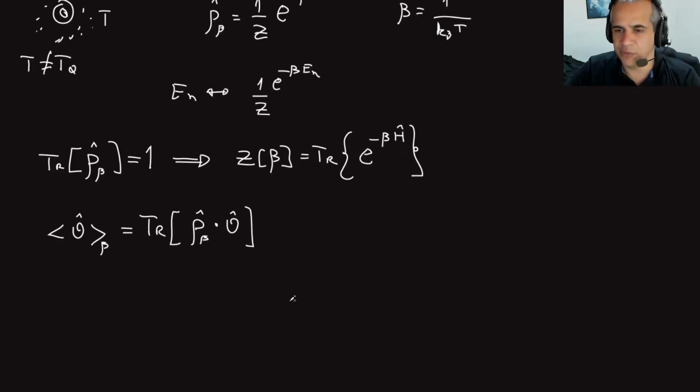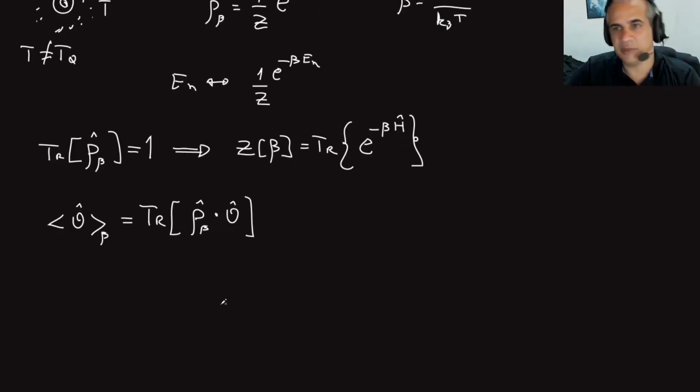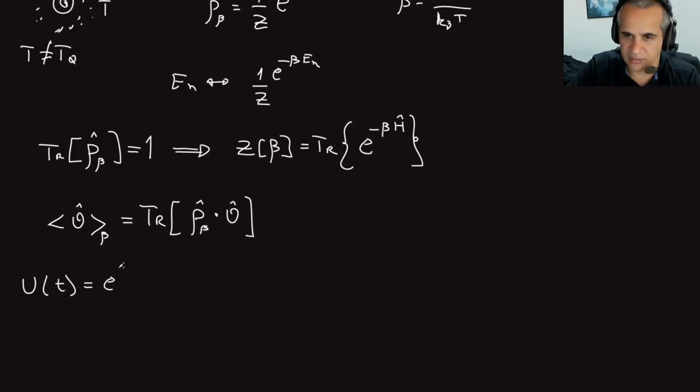What I want to show here is the relation of these with the Euclidean time. So the evolution of a quantum mechanical system is again just given by this operator in normal time, let's say Minkowski time.